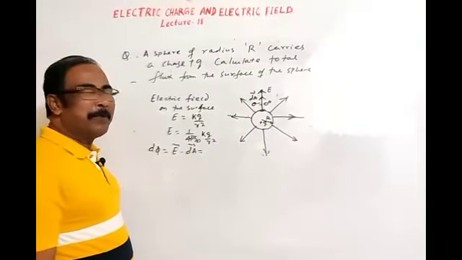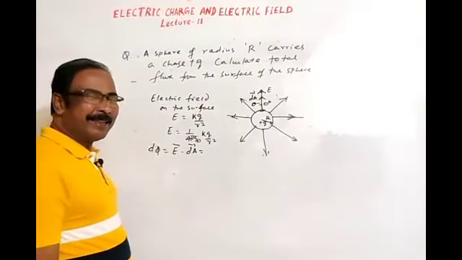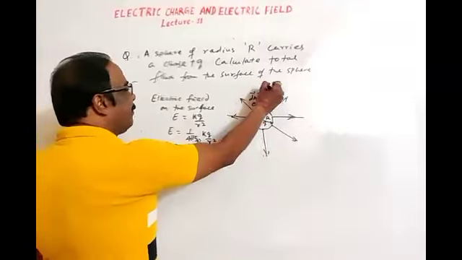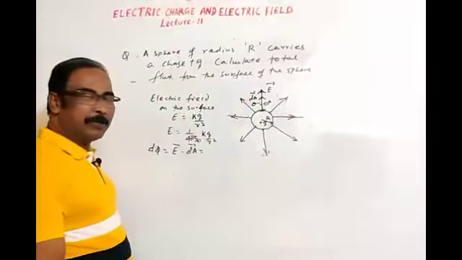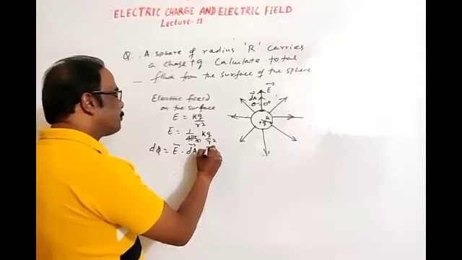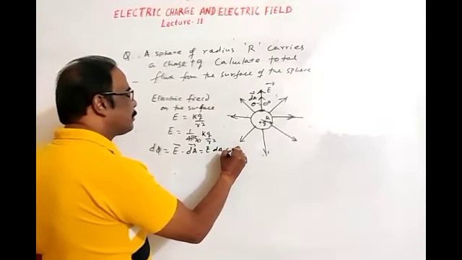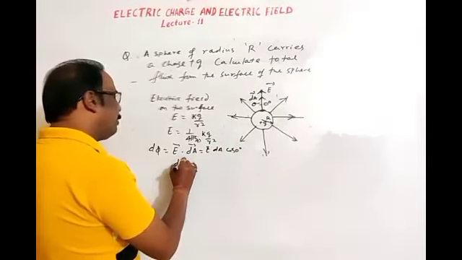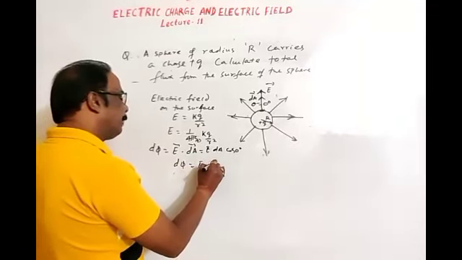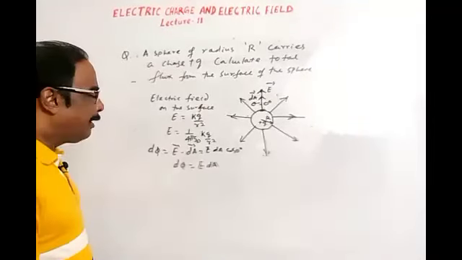If electric field is perpendicular to the surface, then the angle between them is 0 degree. Then it is E dA cos 0, and d phi is equal to E dA.